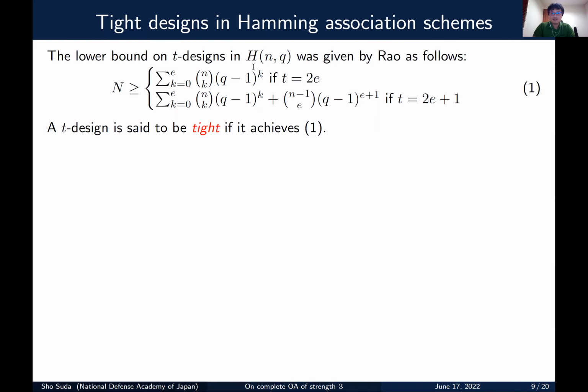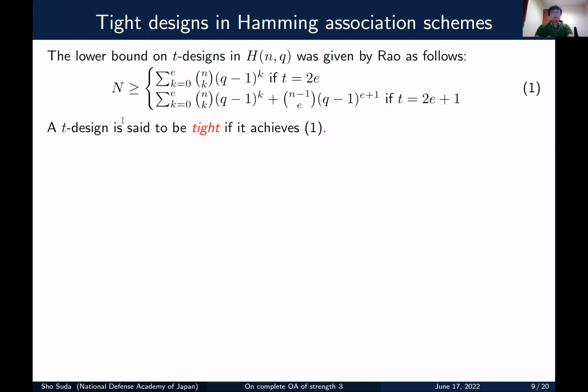In the Hamming schemes case, or orthogonal arrays case, Rao obtained the following lower bounds depending on the parity of the strength T. If the strength T is even, the number of rows of the orthogonal array is bounded below by this value. And if T is odd, the number of rows is bounded below by this value.